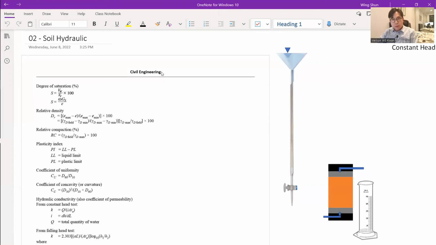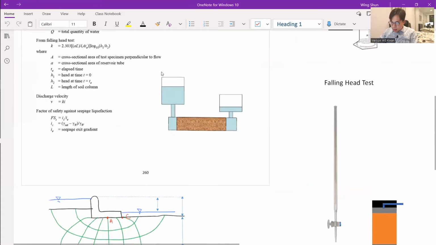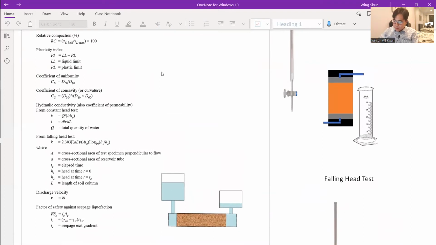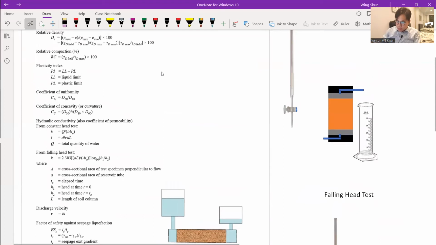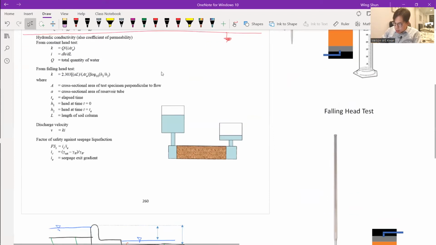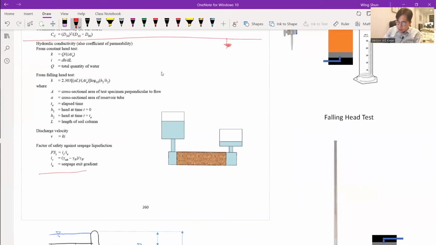The soil hydraulics portion of your FE manual is located on page 260, and it is just half of page 260, starting from here to the end of the page. Those are the soil hydraulics portions of the FE exam Geotech part.